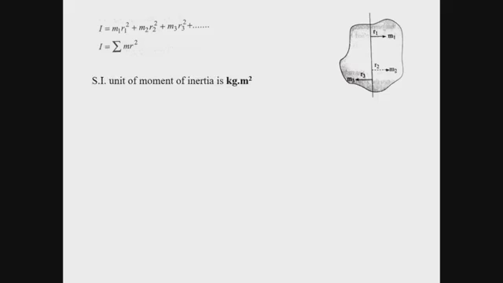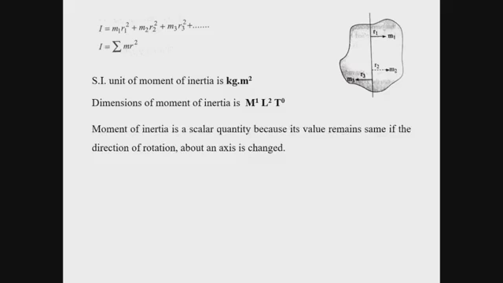The SI unit of moment of inertia is kg meter square and its dimension is M1 L2 T0. The moment of inertia is a scalar quantity because its value remains the same if the direction of rotation about an axis is changed.